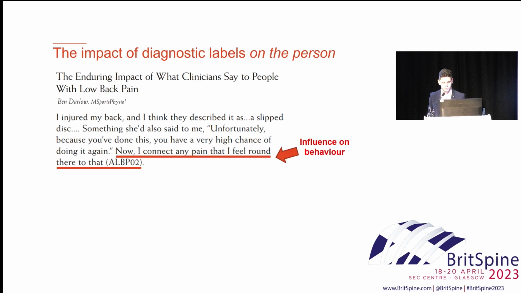That influenced the patient's behavior. The patient says, now I connect any pain that I feel around there to that. So there is a clear influence of how the diagnosis was communicated to the patient, and how an explanation about the future related to that diagnosis was given, and that had an influence on the patient's behavior.